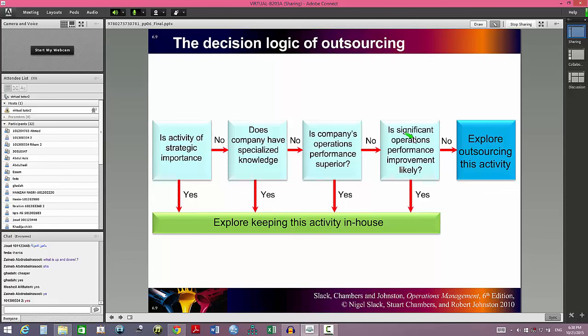But if you will not improve your performance, then after all of these questions, if the answer for all of these questions is no, then explore outsourcing the activity. Otherwise, keep it in-house. Okay, this is a very important topic in the supply network, which is outsourcing.